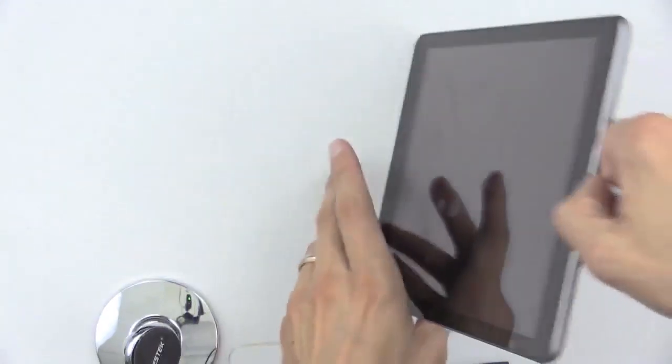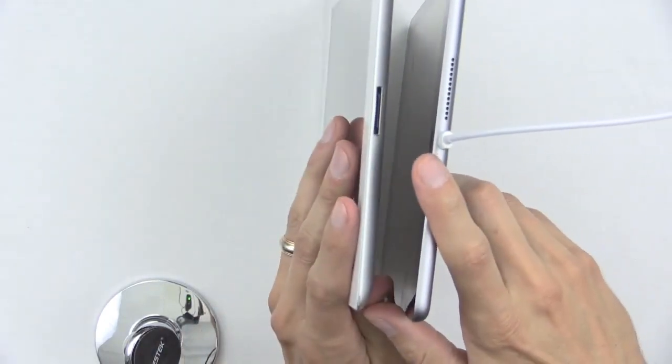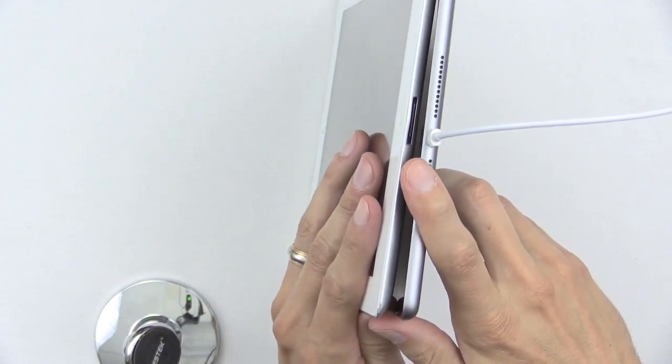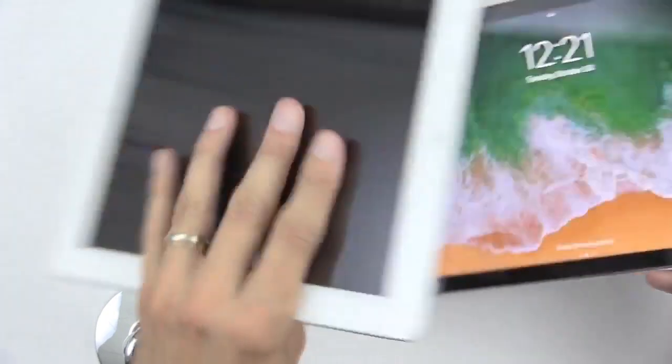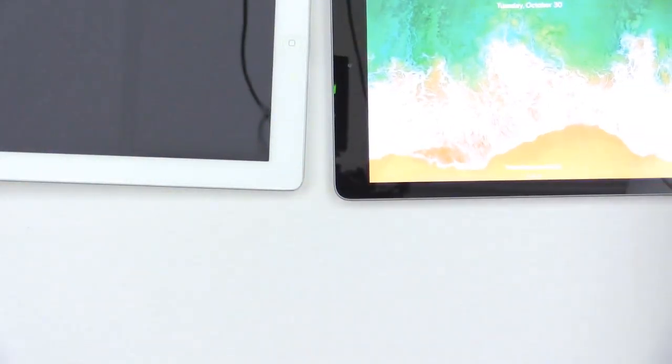It's known as a 30-pin dock. So look at the difference there between the two. Definitely a much wider connection. So a couple generations older iPad will have that type of thing. Okay, so there's some of the ports.